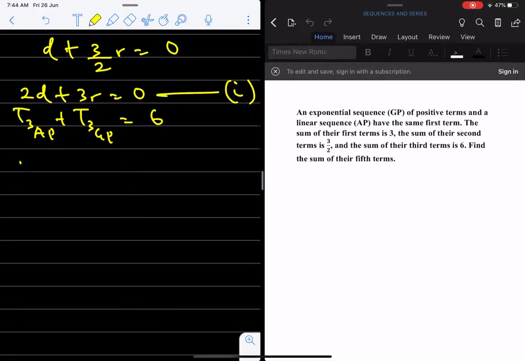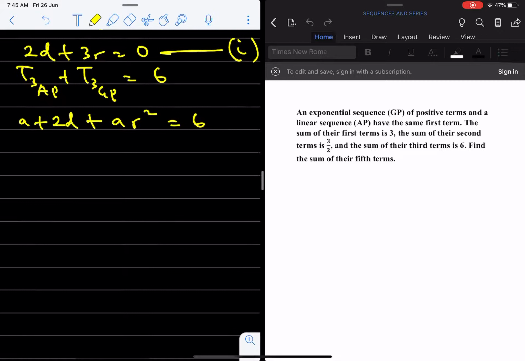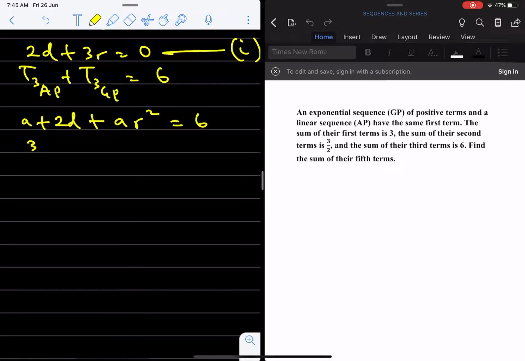The third term of an AP is given by A plus 2D, while the third term of a GP is given by AR squared. That means A plus 2D plus AR squared equals 6. We already know A. That means 3 over 2 plus 2D plus 3 over 2 times R squared equals 6.